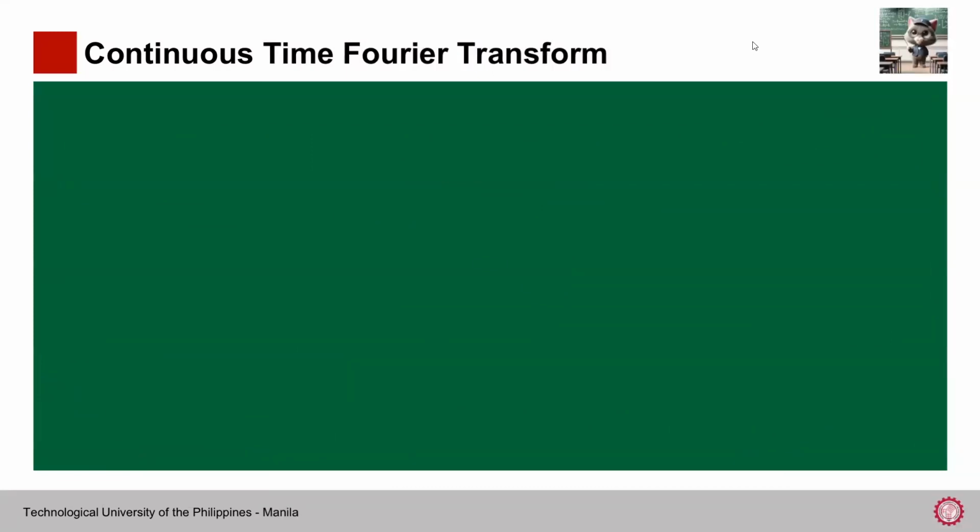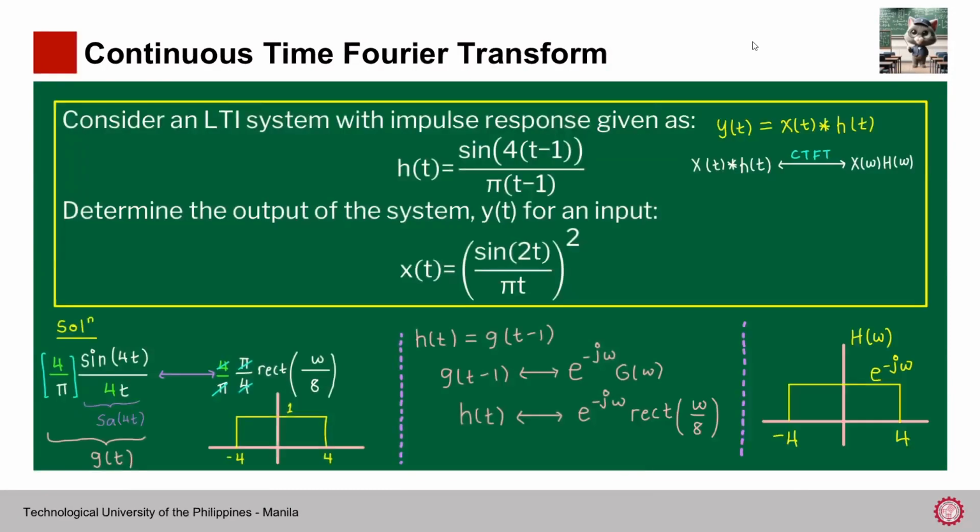Now, let's have x of t naman. Yung x of t natin, ito naman yung hanapan natin ng Fourier transform. Sabi dito, we have sine of 2t over pi t quantity square.